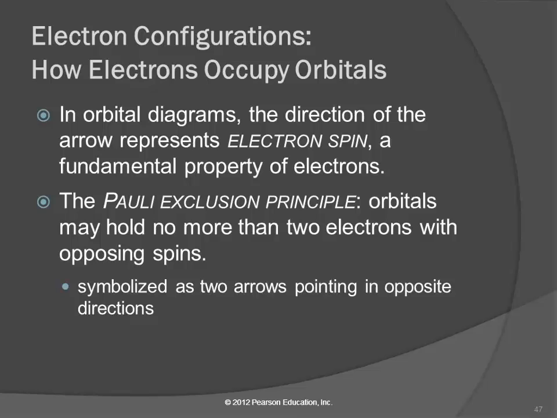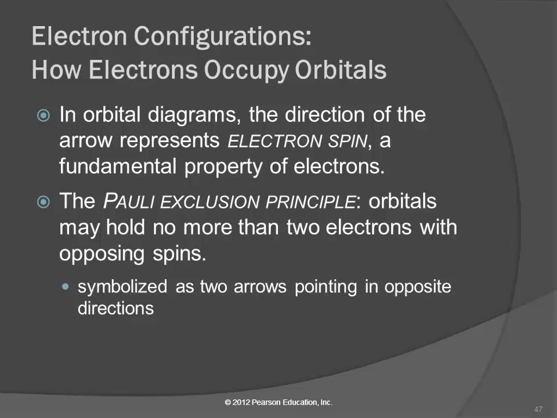So the direction of that arrow actually has some significance. It turns out that electrons have a property that we call electron spin. And I think the easiest way for you to think of that is that you imagine the electrons spinning. Some of them spin clockwise and some of them spin counterclockwise.